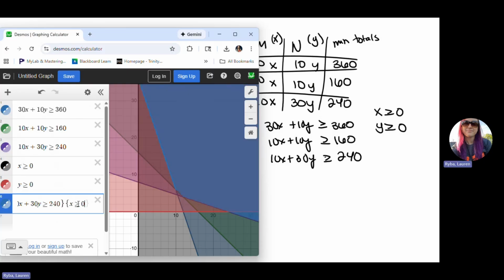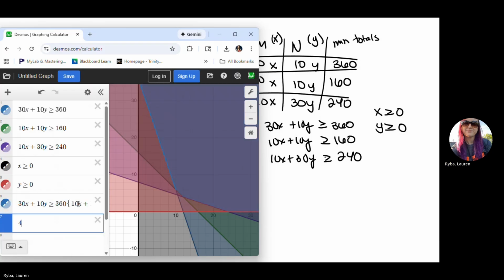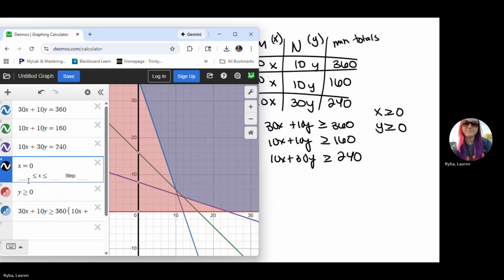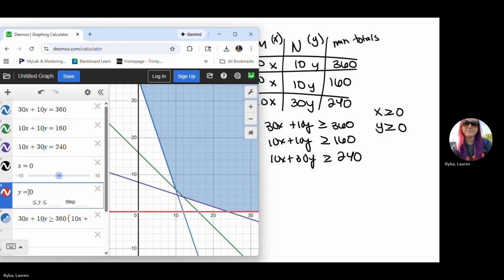X greater than or equal to 0, y greater than or equal to 0. Okay, and then I'm going to go back and change these to just equals. All right, so there is my shaded region.